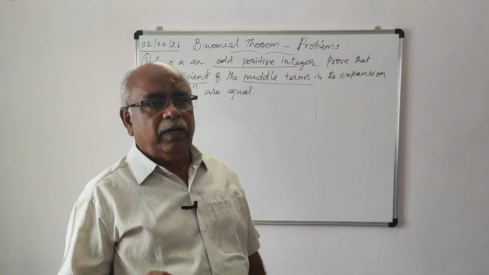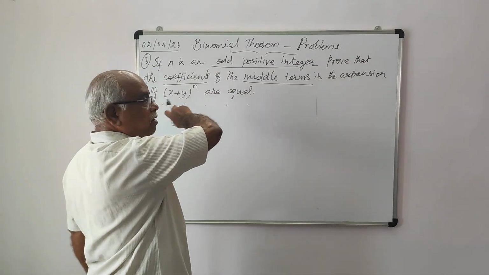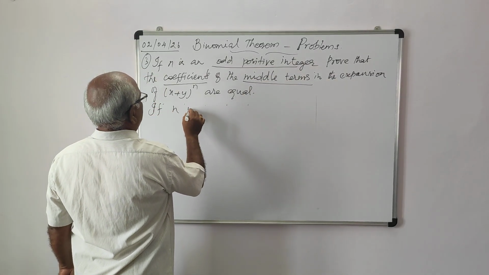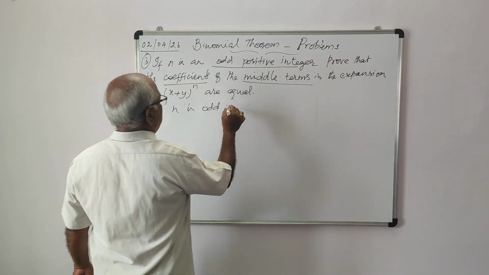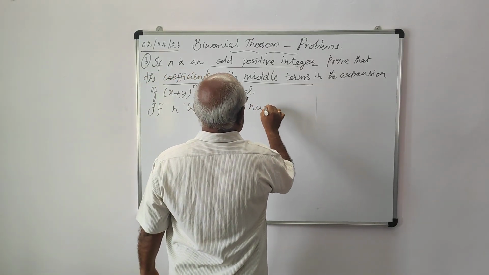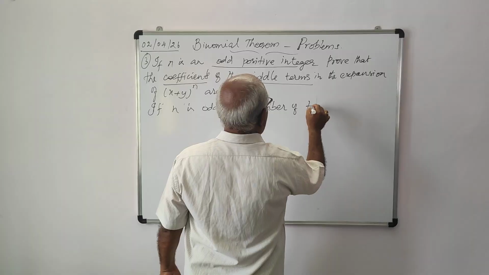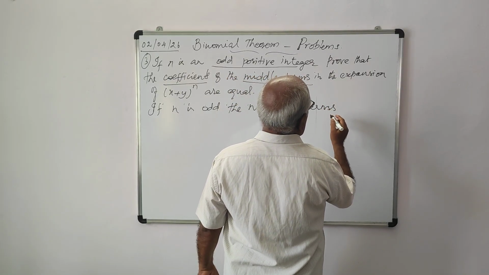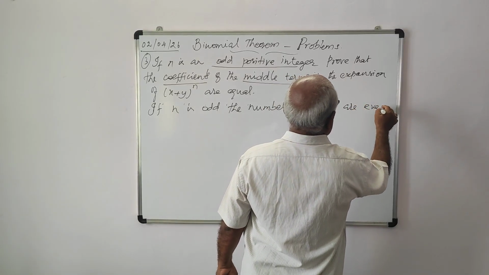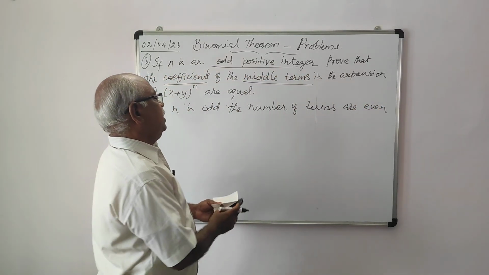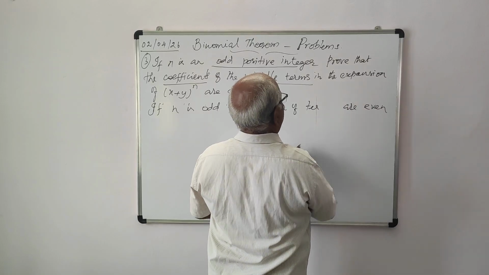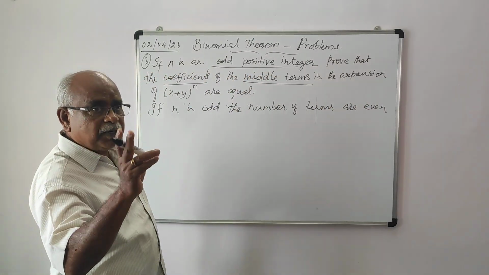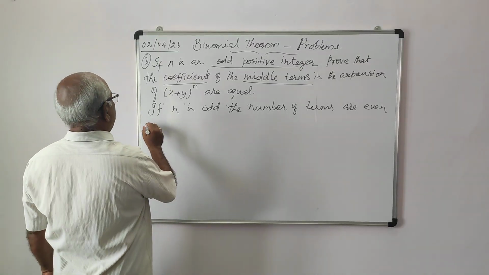In the expansion, the middle terms, எப்பவுமே n வந்து odd னா number of terms are even. If n is odd, in the expansion the number of terms are even. So the middle terms are 2.